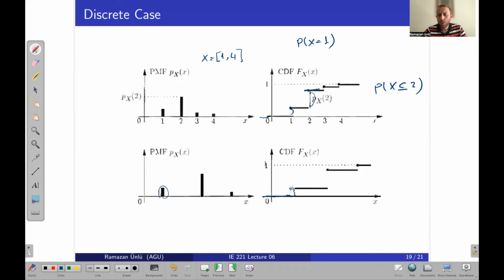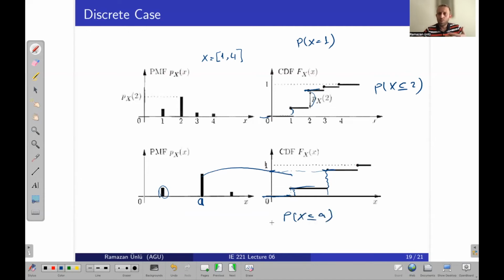Then we stay the same until the second point, where there is another jump, and we get another probability. This one corresponds to the probability of x being less than or equal to that point. Let's say this is A. So this is equal to the probability of x less than or equal to A.